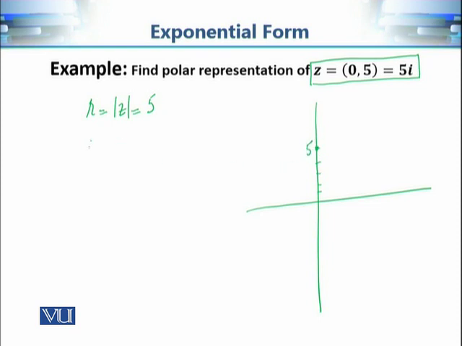So we take the principal argument of z to be equal to pi by 2. So this z has the following polar representation: 5 times cosine pi by 2 plus iota sine pi by 2. This is the polar representation of this complex number.